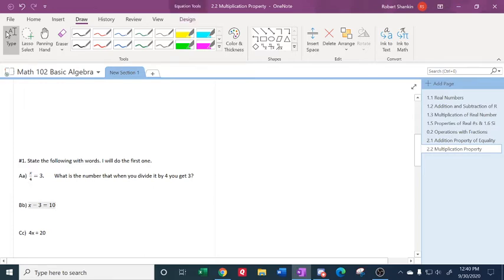So, what number, I'm going to use the pound sign for "what number," subtract, or maybe, what is the number that when you subtract 3, you get 10, something like this.